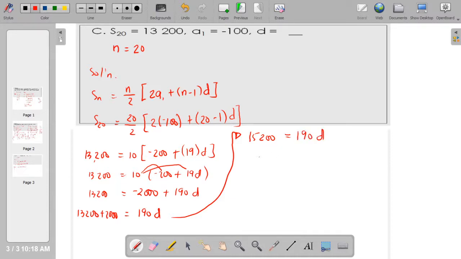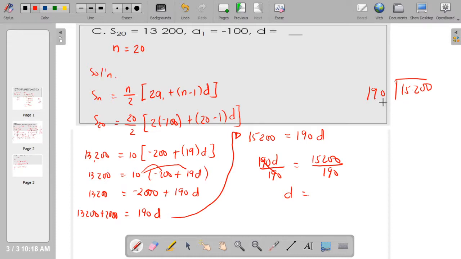Now from here, we are going to divide both sides by 190 to find the common difference d. So the common difference is equal to 15,200 divided by 190.